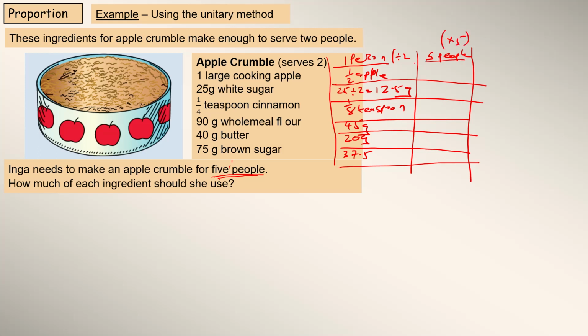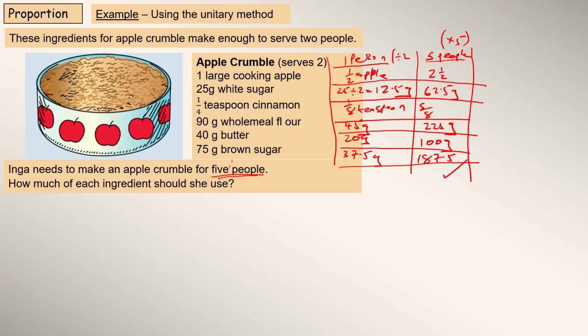It'd be 5 times a half, which would be 2.5. 5 times 12.5, 62.5 grams. 5 times an eighth, so 5 over 8. 5 times 45, 225. 5 times 20, 100 grams. And then 5 times 37.5, 187.5. So that's one way, and those are the ingredients then, which is fine.